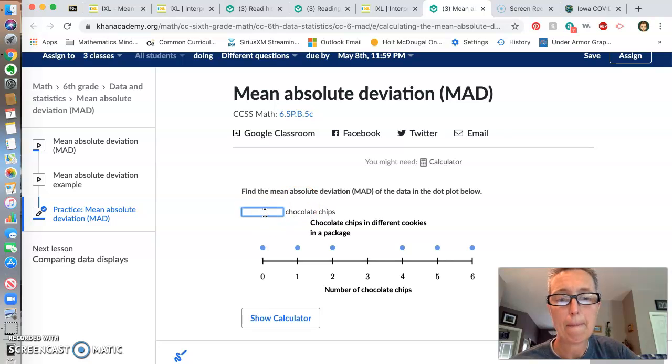So we have a MAD of 2 chocolate chips in different cookies. So if the mean is 3 chocolate chips per cookie, sometimes there's only 1, sometimes there's 5. It's a MAD, a mean absolute deviation, of 2 chocolate chips per cookie.